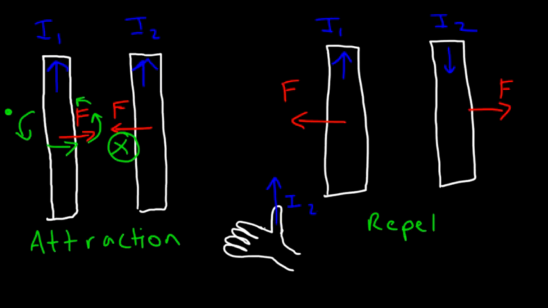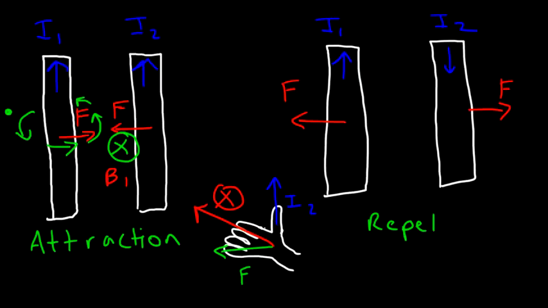It follows I2. The magnetic field, which is B1, that's created by I1, you want that to be into the page. And what's going to happen is the force is going to come out of the palm of your hand. And it turns out that force is directed towards wire 1. So it's a force of attraction.